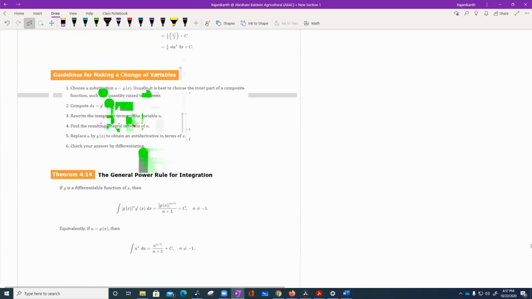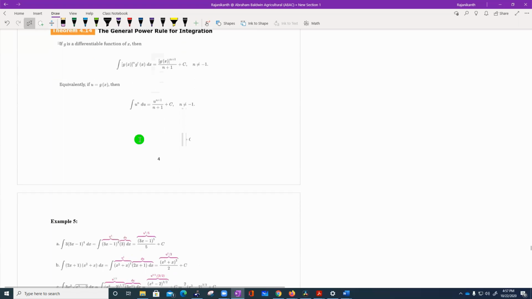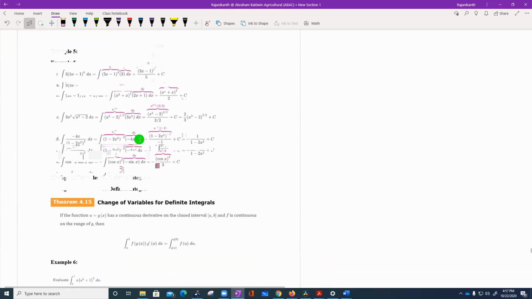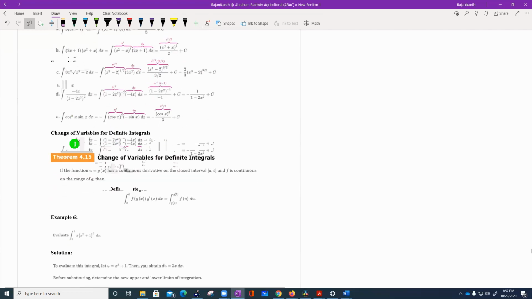So you use the guideline like this: choose the substitution g of x as u, then du by chain rule is g prime dx, and you follow this. Okay. So I'm explaining with this easiest problem, the last explanation for today.